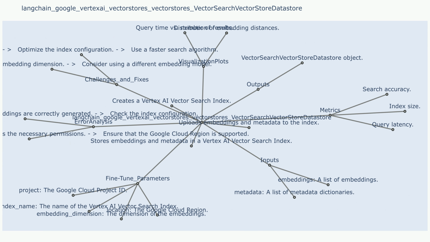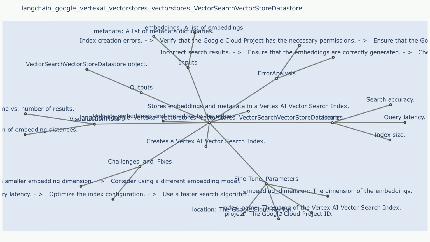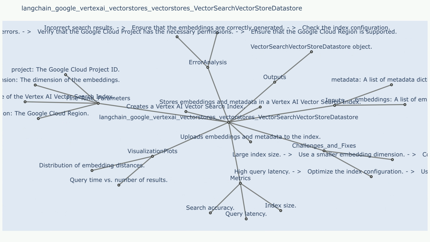Fine-tune parameters. Index parameters. The parameters used to configure the Vertex AI index, such as the embedding dimension, the number of shards, and the similarity metric. Query parameters. Parameters that control the search process, such as the number of results to retrieve, the similarity threshold, and the scoring function.